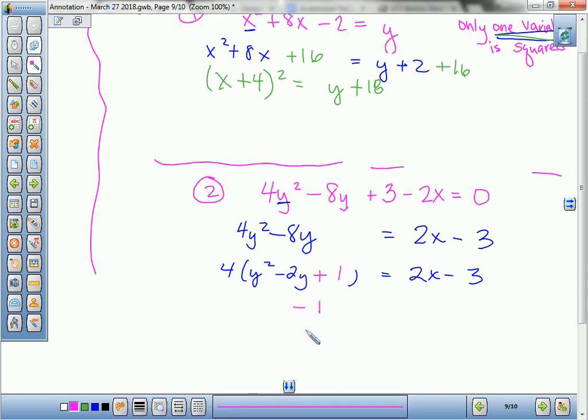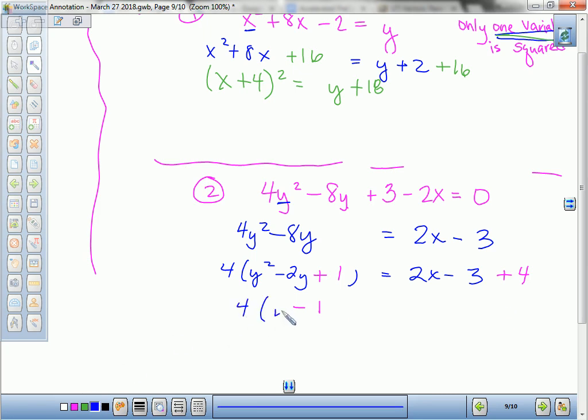But to the other side, what do we add? 4. Okay, so this becomes 4 times y minus 1 squared equals 2x plus 1.